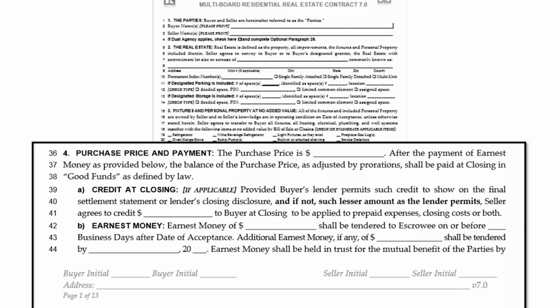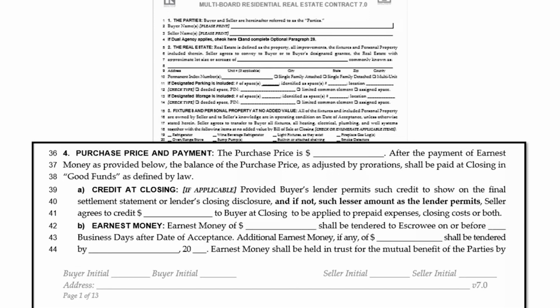So if I were to write this contract, I might say that earnest money of $3,000 shall be tendered to the escrowee on or before 3 business days after the date of acceptance. That means that I or my buyer must make sure that we have delivered to whoever is holding the earnest money that $3,000 by the date in this contract.